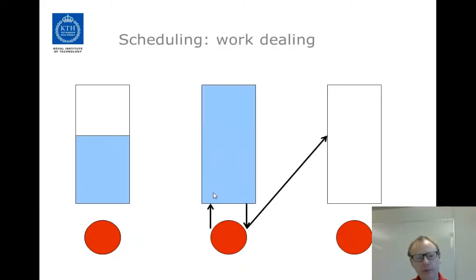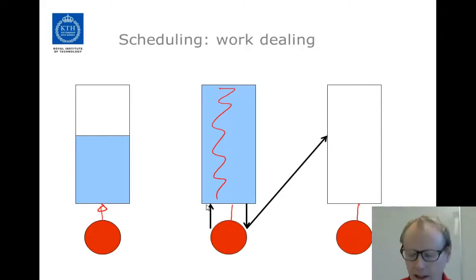Another approach is to have decentralized queues. So have one queue per worker thread, and then when you generate a new task, you typically generate it to your local queue. However, if your local queue happens to be full, like this one, you'll find another queue which hopefully is empty, and put the work in that one instead.